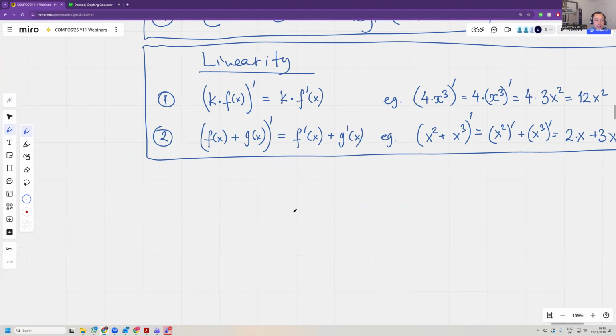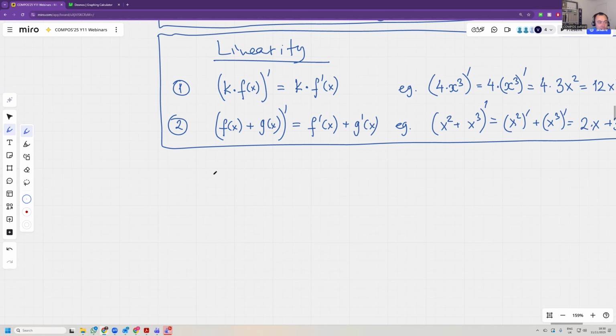Think of it this way. If you have 4 multiplied by f of x, this could be written as f of x plus f of x plus f of x plus f of x, right?